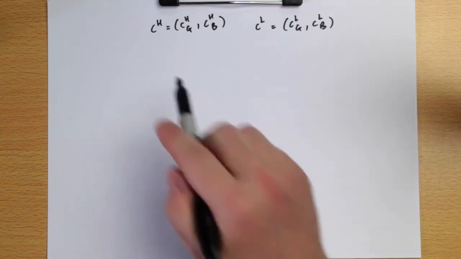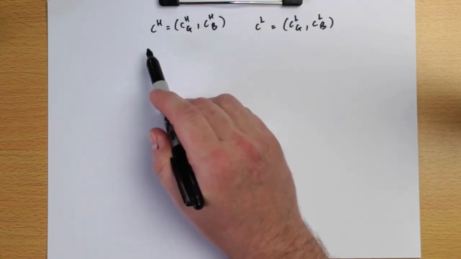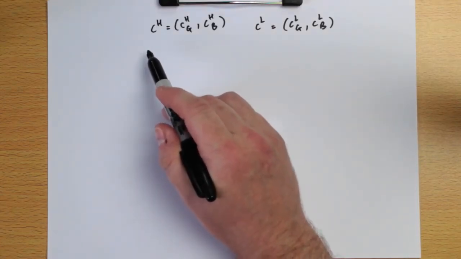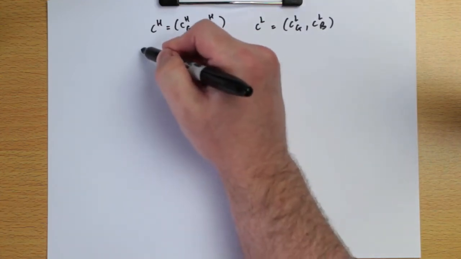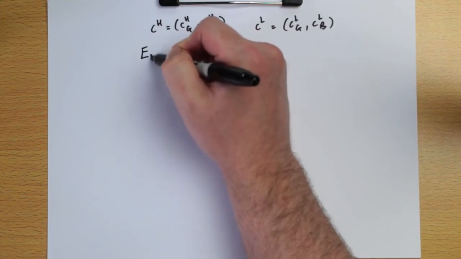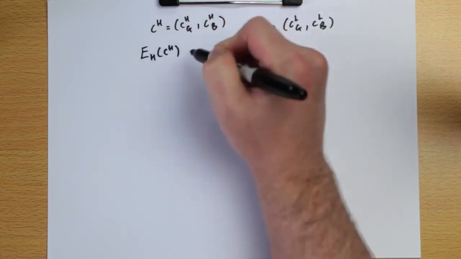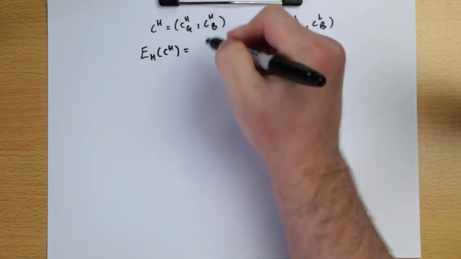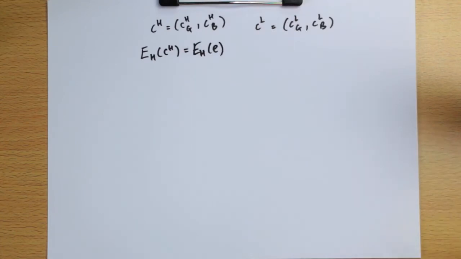High-risk types are only allowed to buy CH, and in equilibrium, it must earn 0 expected profit. So straight away we know that if I take the expected value of CH using the probability PH, this has to equal the expected value of the endowment.